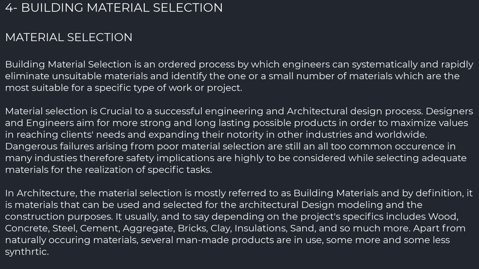Material selection is crucial to the successful engineering and architectural design process. Designers and engineers aim for products as strong and long-lasting as possible in order to maximize value in reaching clients' needs and expanding their notoriety in other industries and worldwide.